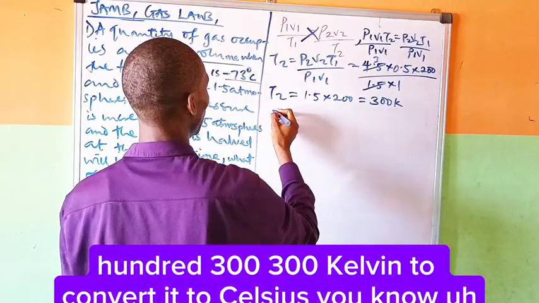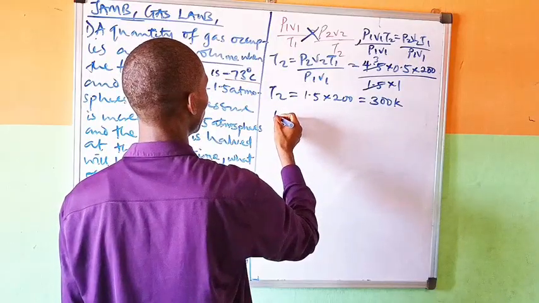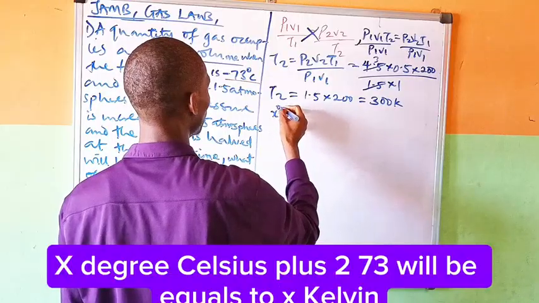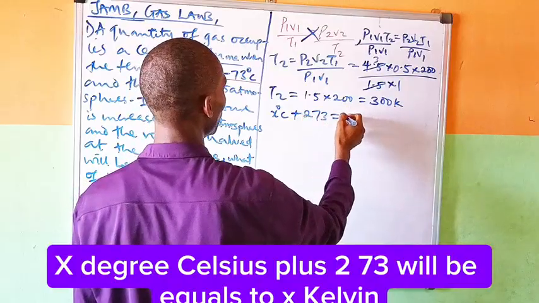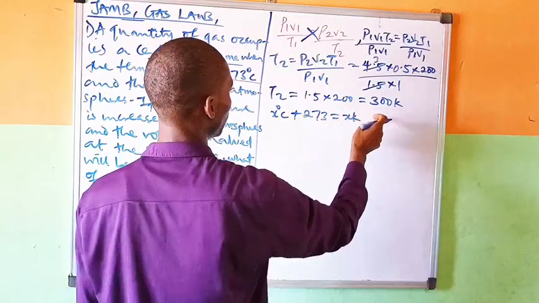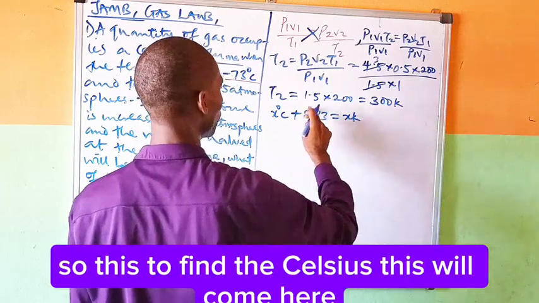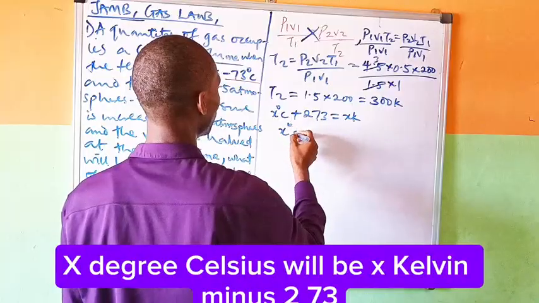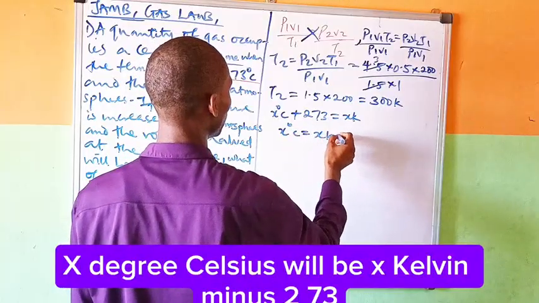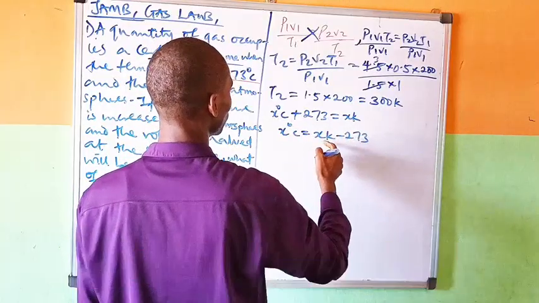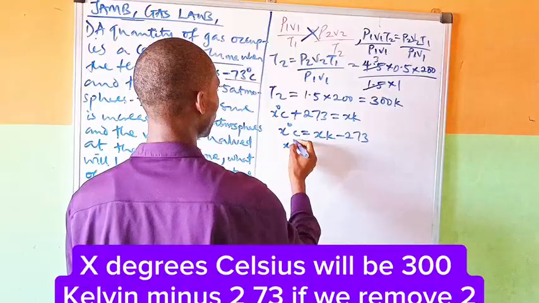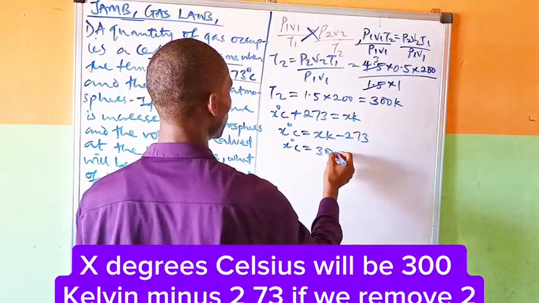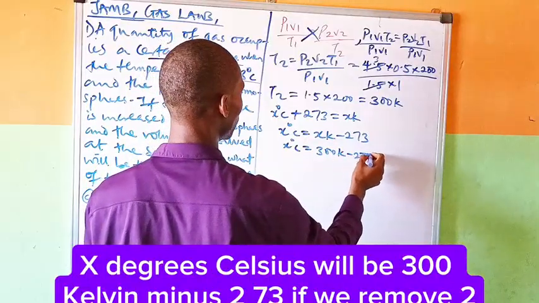So convert it to Celsius. You know, X degrees Celsius plus 273 will be equal to X Kelvin. So to find the Celsius, this will come here. X degrees Celsius will be X Kelvin minus 273. So converting this Kelvin to Celsius, X degrees Celsius will be 300 Kelvin minus 273.